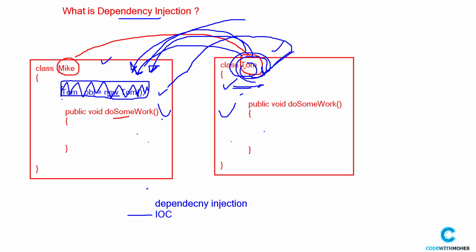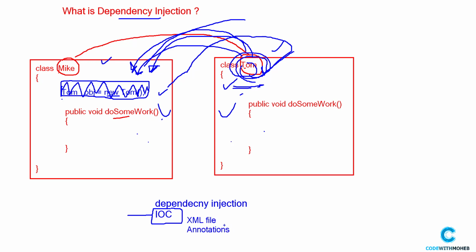Now the question comes: how does the IOC, or inversion of control container, take the information? We can call it information or metadata. The IOC container will take all this metadata in the form of an XML file or annotations.